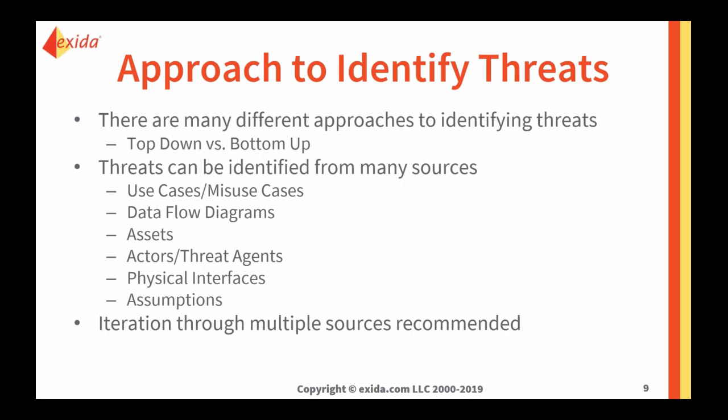So it's very important to make sure you understand what these assumptions are and document what assumptions you're thinking about when you're developing a system. Because if any of these assumptions don't end up holding true, that could end up being a threat or a weakness to the system. So that's another key point to look at and way to identify threats.